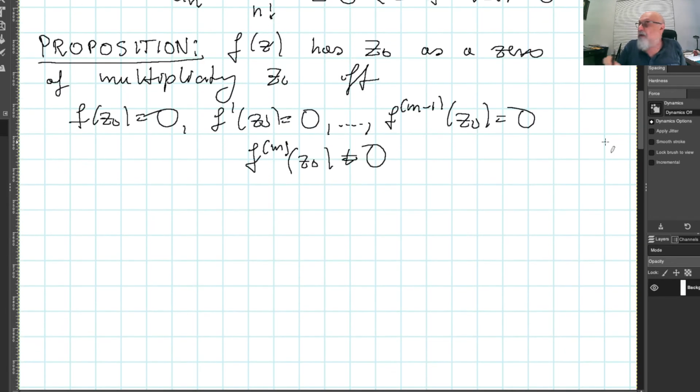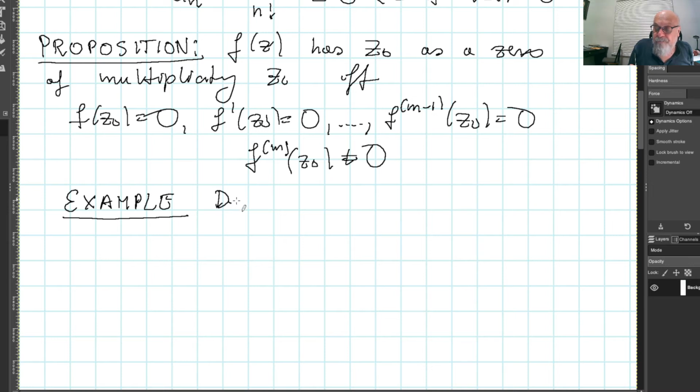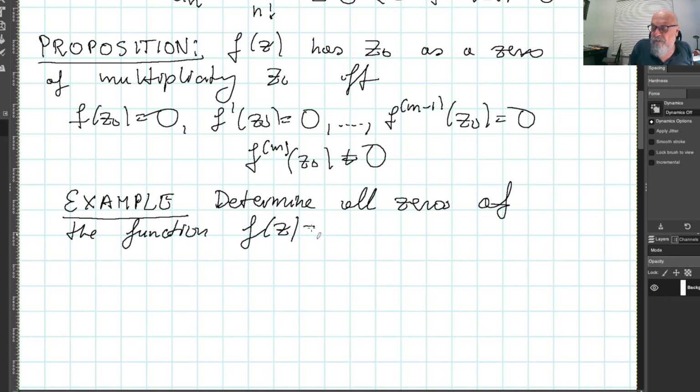So let's make an example, maybe something simple. Determine all zeros of the function f of z equals sine square of z, and their multiplicity.